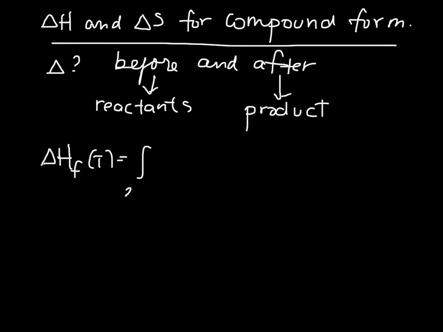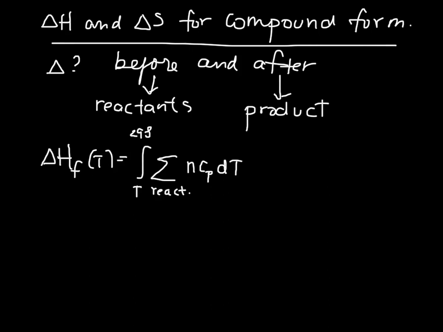So from T to 298, and this is the sum over the reactants, because we're starting with the reactants at the temperature of interest. And so we have the sum of all the reactants and Cp dT.